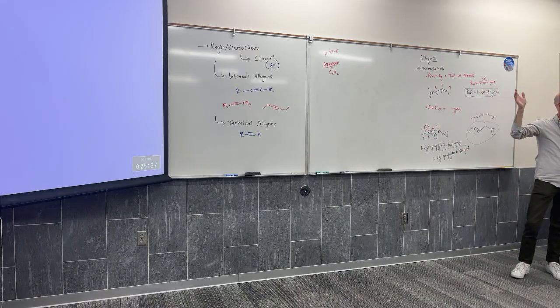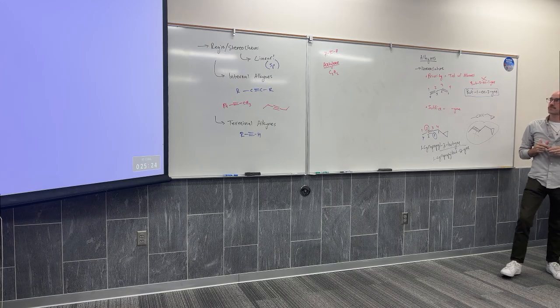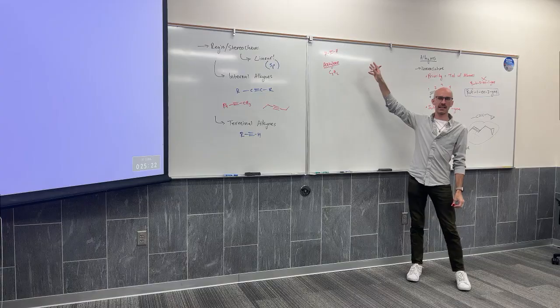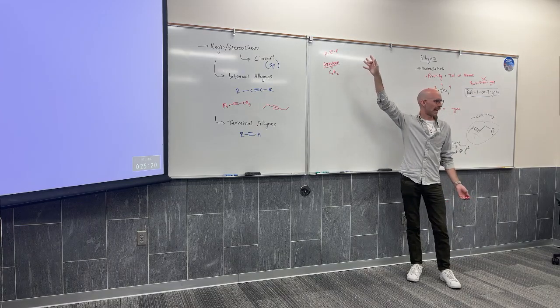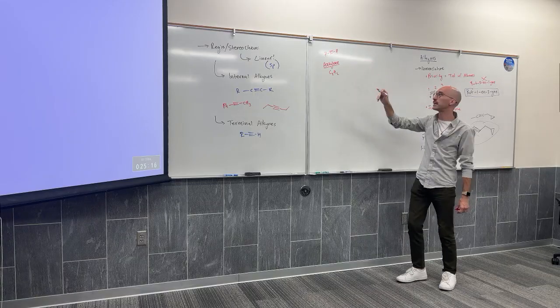Anybody ever worked with acetylene gas? Know somebody that has. Anyone that's familiar with welding will know acetylene gas. It's a very useful fuel. You could consider this like a di-terminal alkyne, right? This is the most basic alkyne there can be.